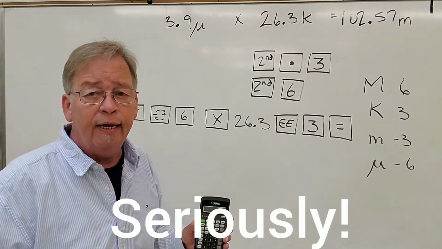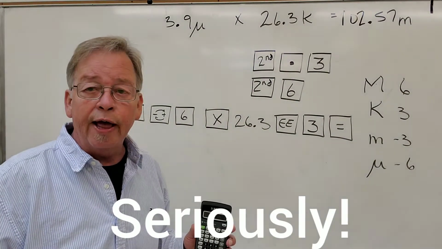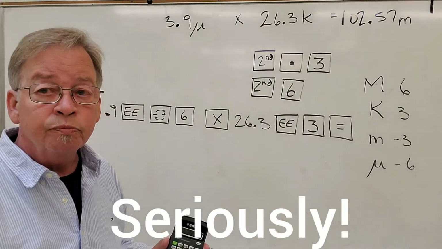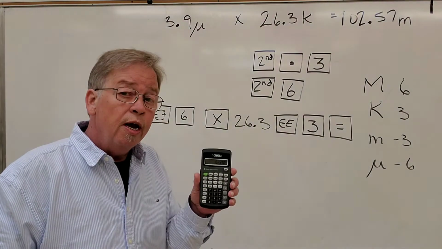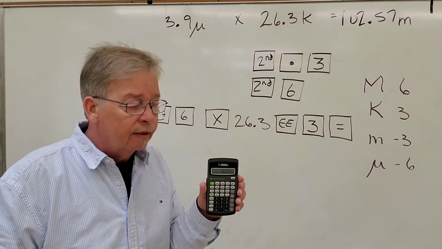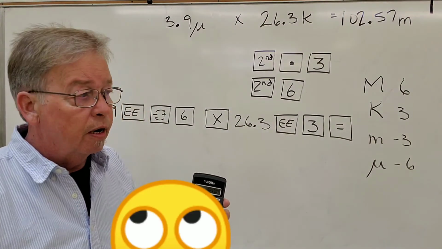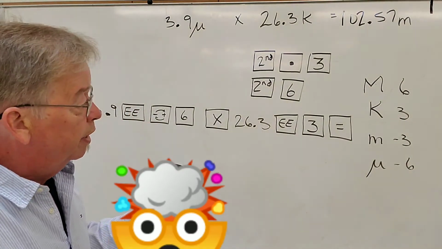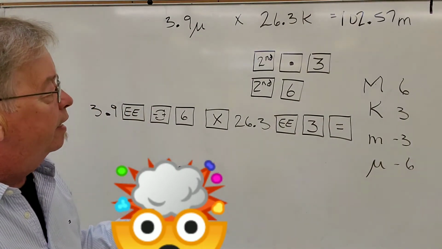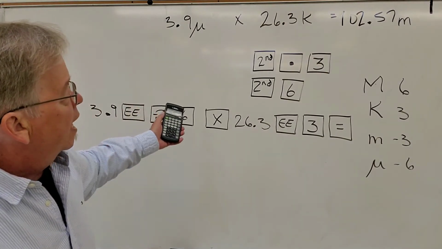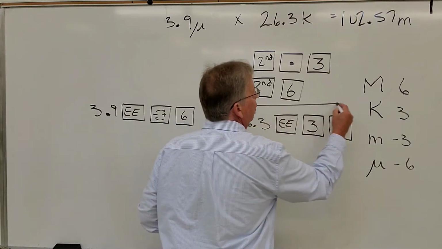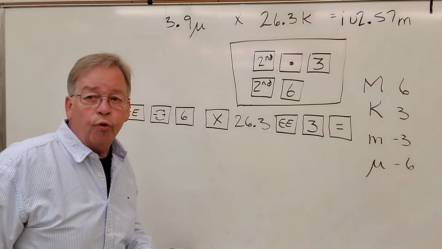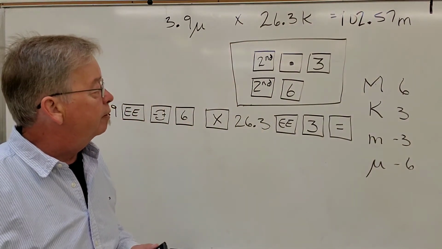All right, so this is how we're going to use the calculator. You got to get to know this enter exponent. Watch this section a couple of times if you need to. All right, so the calculator isn't that bad. It feels natural, but enter exponent, EE key. All right, got to have it in the correct mode. Set it to round 3 places, put it in the engineering mode.